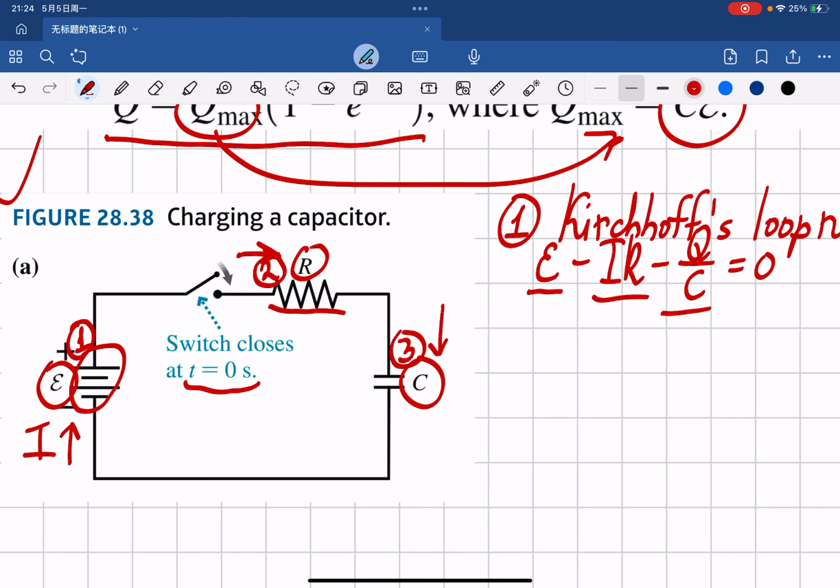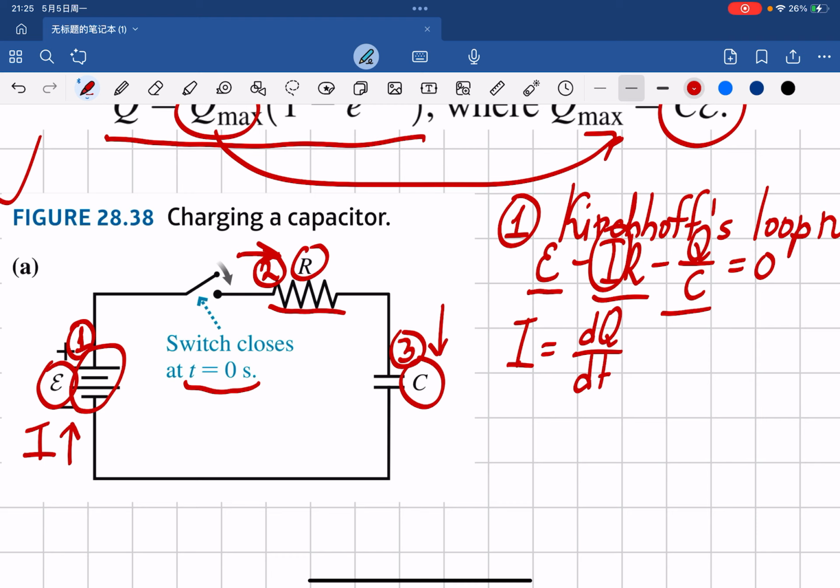And we have mentioned current, and we know that current is equal to dq over dt.